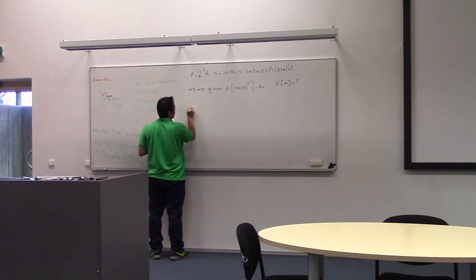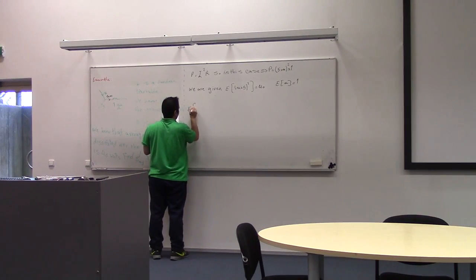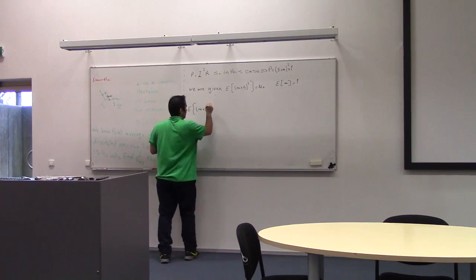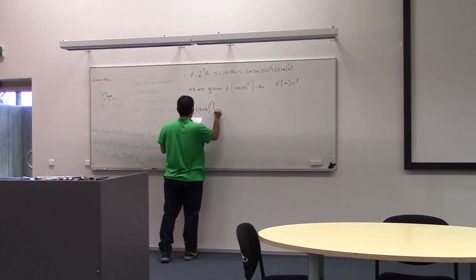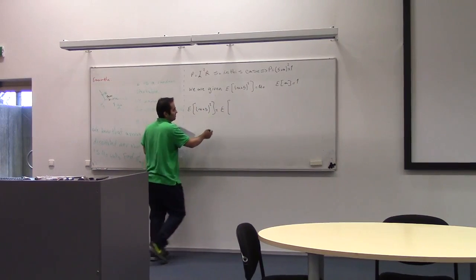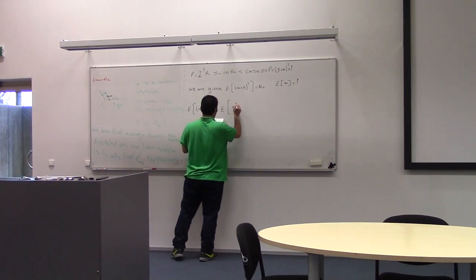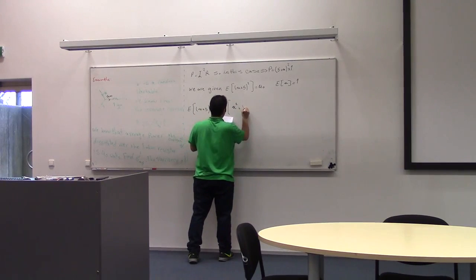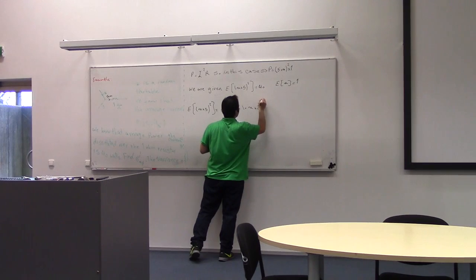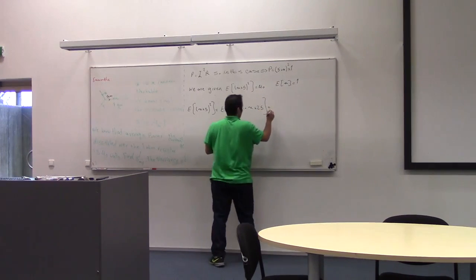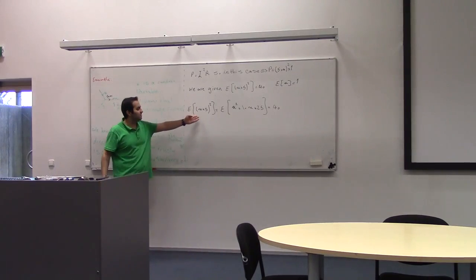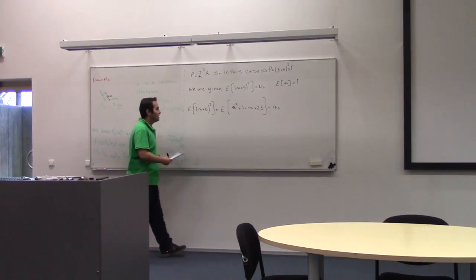Then we can write it in this form: expected value of X plus 5 power 2 is equal to expected value of, put it here, X2 plus 10X plus 25, is equal to 40. We just wrote it in this form.